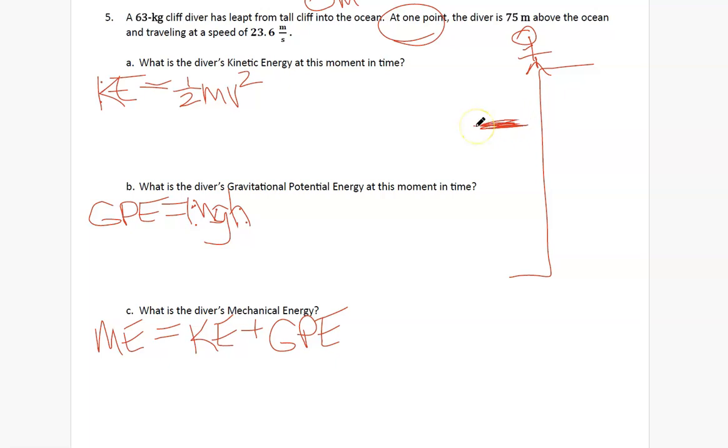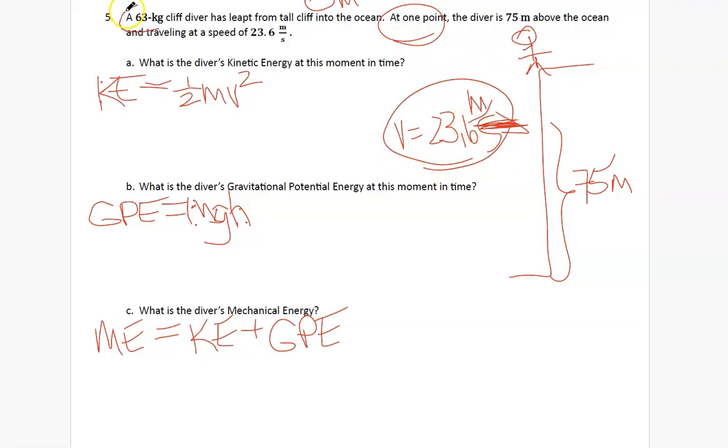They're somewhere here, and they are still 75 meters above the ocean, and they have a speed at this moment in time of 23.6 meters per second. You can use the speed and the mass to calculate kinetic energy, and you can use the height and mass to calculate gravitational potential energy.